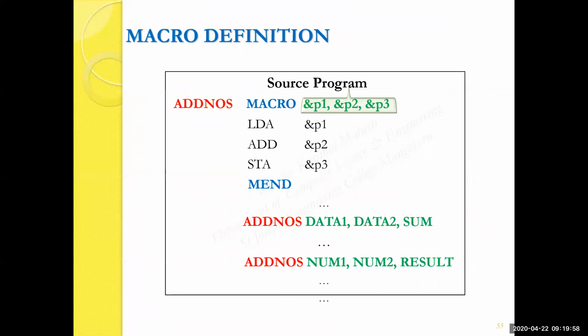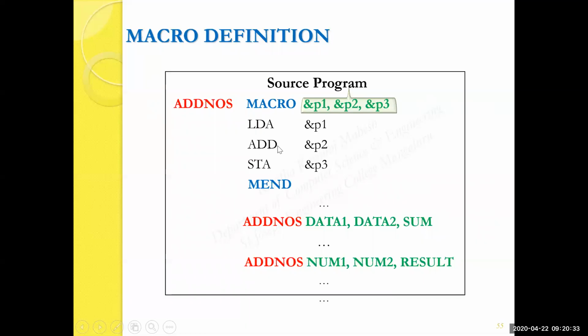We will take an example and understand how the data structures are created and used in expanding or processing the macro. We will consider a source program which defines a macro, namely ADDNUMBERS, whose function is to add two numbers using a sequence of instructions: LDA, ADD, and STA. LDA loads the first value into register A, indicated in the operand field.